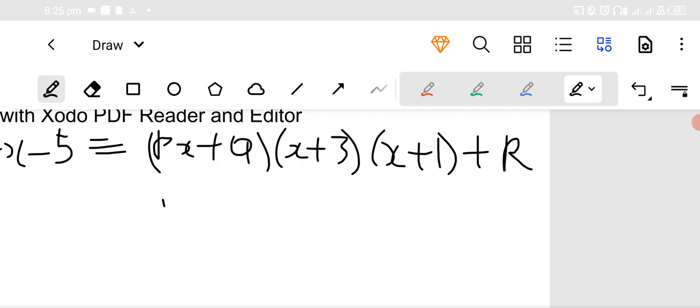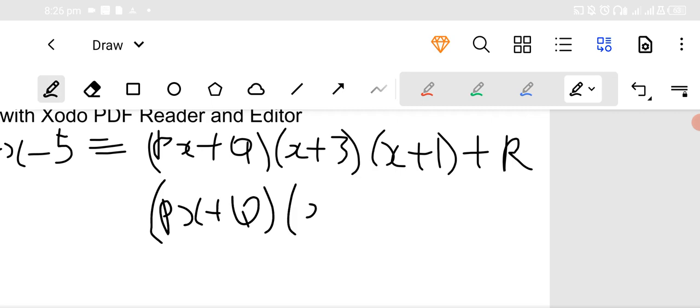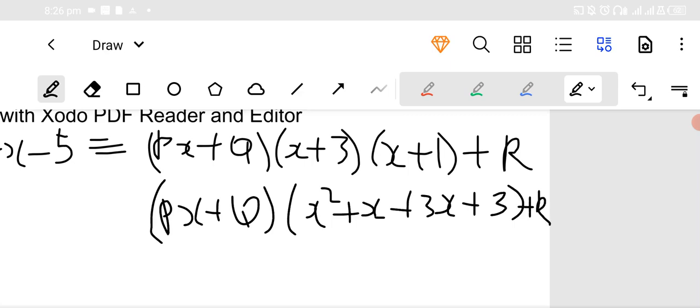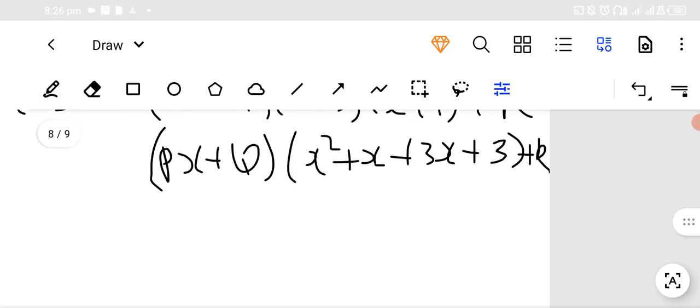So we have px plus q multiplied by x times x, x squared, x times 1 is x, 3 times x is 3x, 3 times 1 is 3. So x squared plus x plus 3x plus 3. Of course, I've got to include plus r, very important. Let's not forget it.